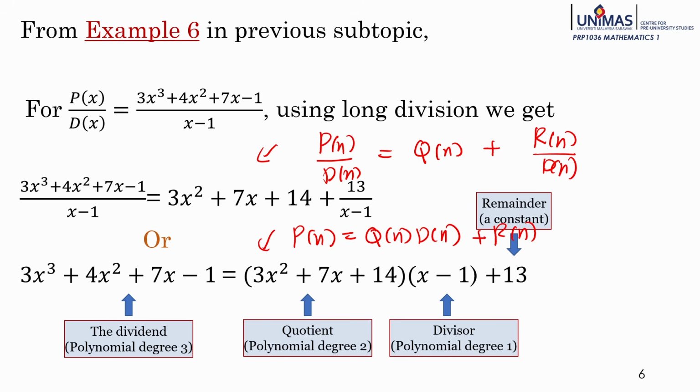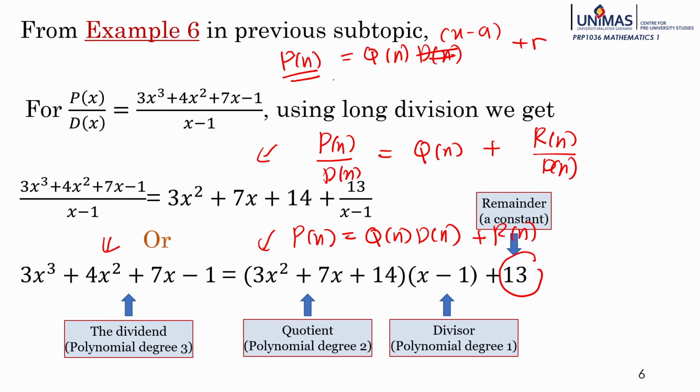You can see here the remainder is 13. What happens if we use the remainder theorem formula, where P(x) equal to Q(x) times d(x), and d(x) means x minus a, plus r? So P(x) is this one.